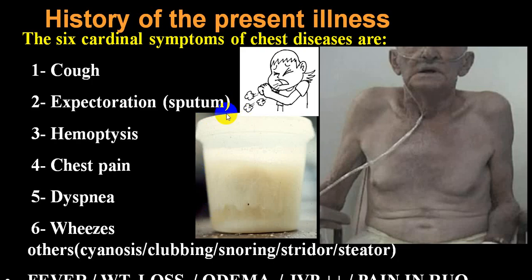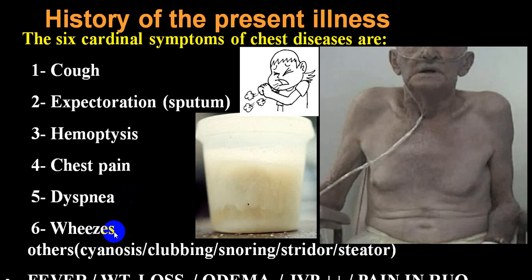There are some common symptoms which tell you that the respiratory system is involved, like cough with or without expectoration, that is dry cough or with expectoration, hemoptysis, chest pain, dyspnea, or the word now utilized, shortness of breath, wheeze.